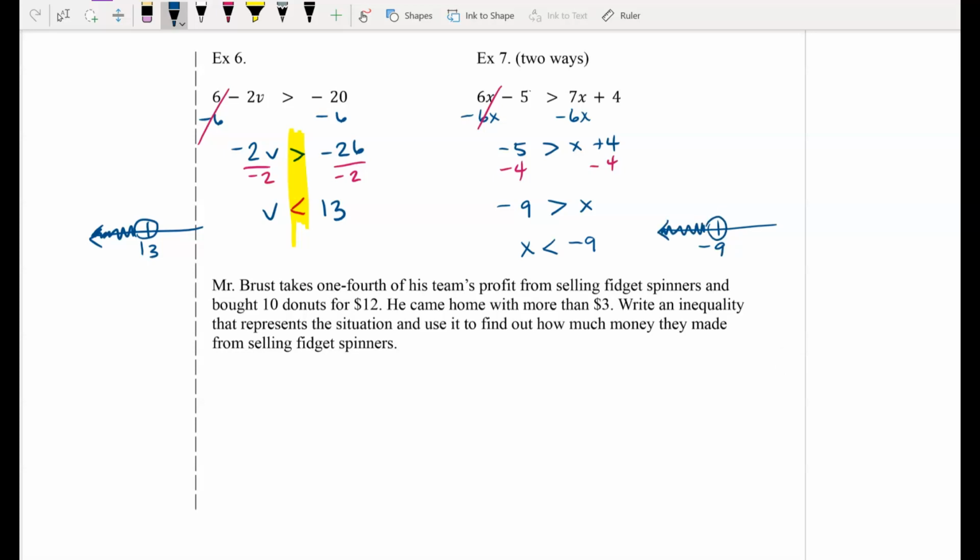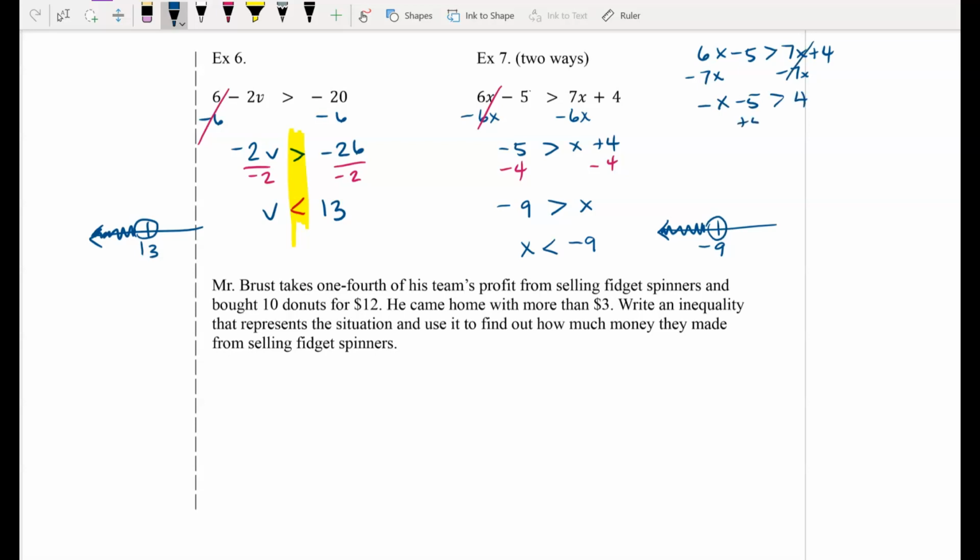Now maybe you didn't subtract your 6x, maybe you subtracted 7x. Let's look at that work. So if I subtract 7x from both sides, then that's going to give me negative x minus 5 is greater than 4.